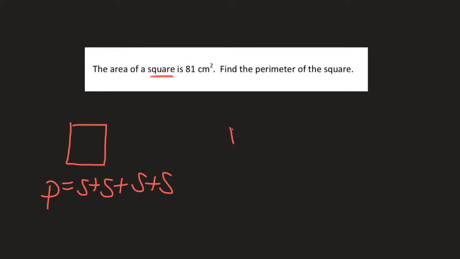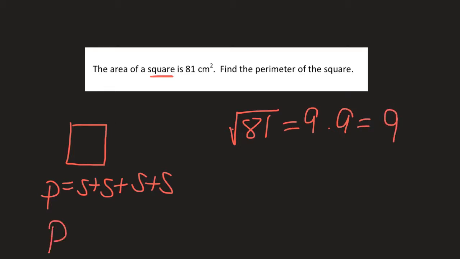That's kind of finding the square root of 81. Well, I know 81 is a perfect square. It comes from 9 times 9, which means that one side length is 9. So my perimeter is going to be 9 plus 9 plus 9 plus 9, or 36 centimeters.